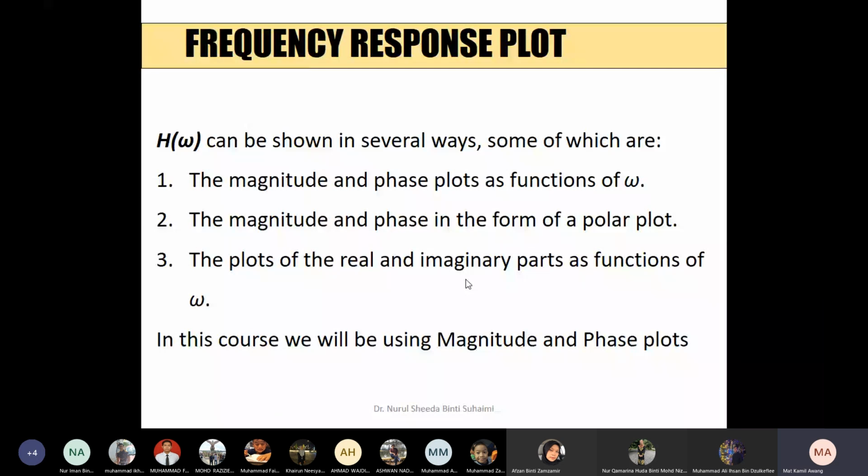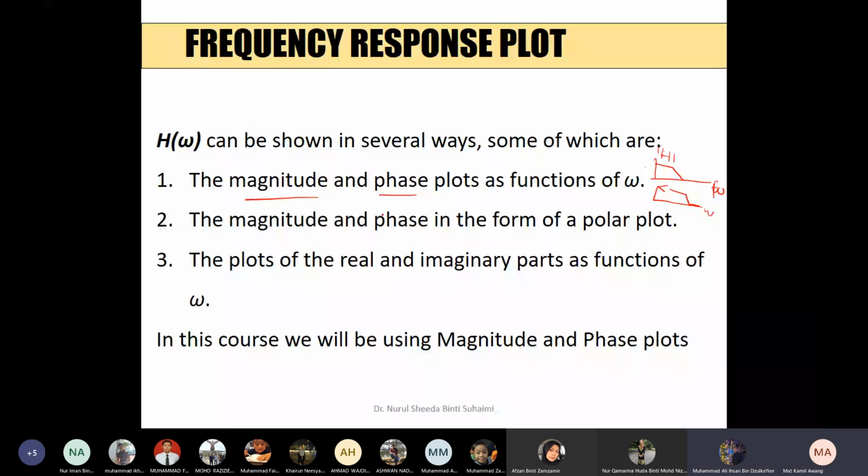So for this one, basically you can plot using the frequency, or omega, here, and this is the magnitude of H, and also you can do omega and phase. So this is the plot of magnitude and phase, the one that I showed in the earlier slides.